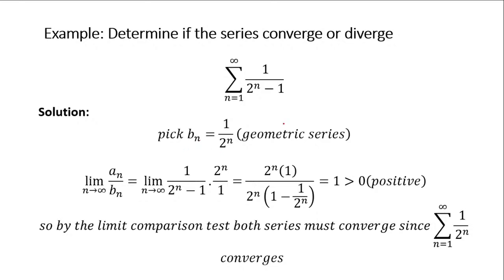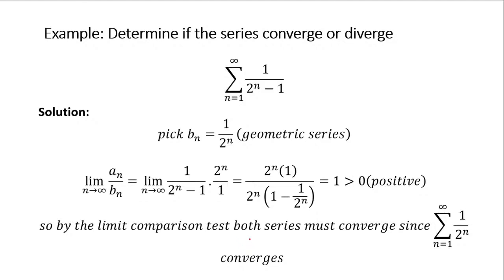You multiply by the reciprocal, and when you find the limit as n approaches infinity, you're going to get 1, because the other term tends to 0, giving 1 over 1, which is 1. This is greater than 0, therefore it is positive. So by the limit comparison test, both series converge since the limit is positive.